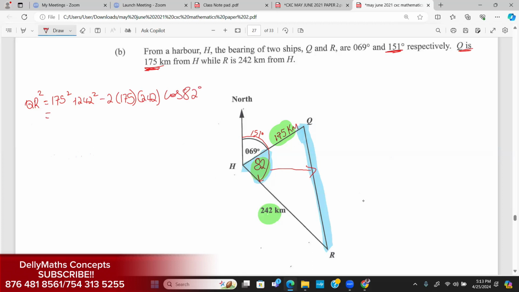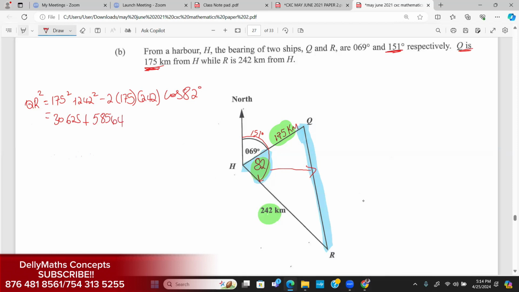All we're going to do is just put together some numbers. When we square 175, we're getting 30,625. And when we square 242, we're getting about 58,564. All right.